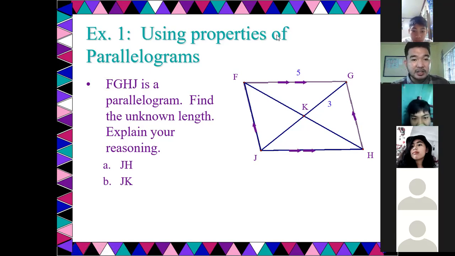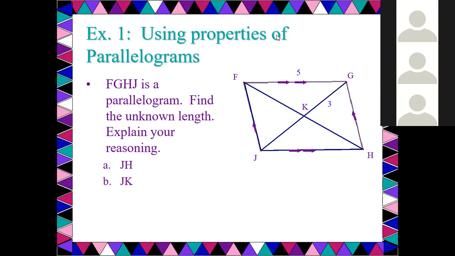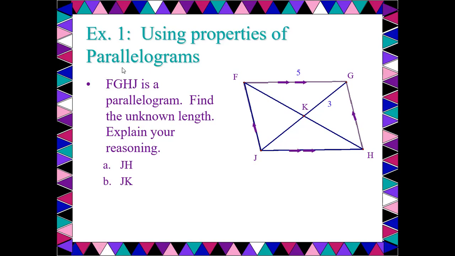Para makita ko sino yung mga sumasagot. Given that GK is 3, what would be the measurement of JK? Paki-chat yung inyong mga sagot para i-record ko sino yung mga sumasagot. Thank you.